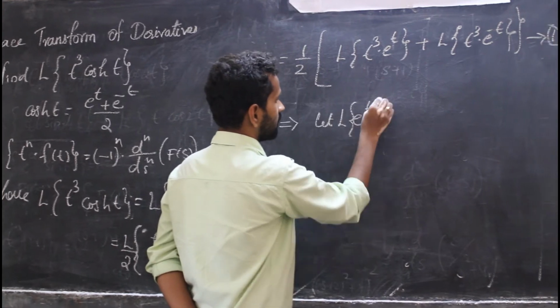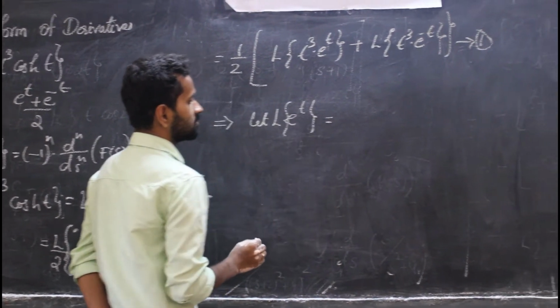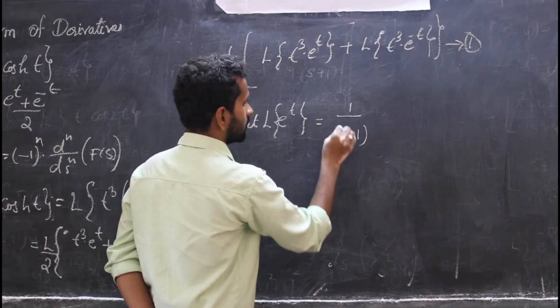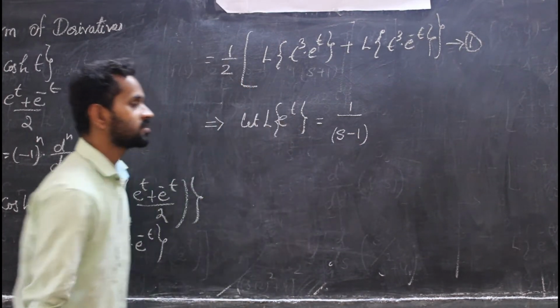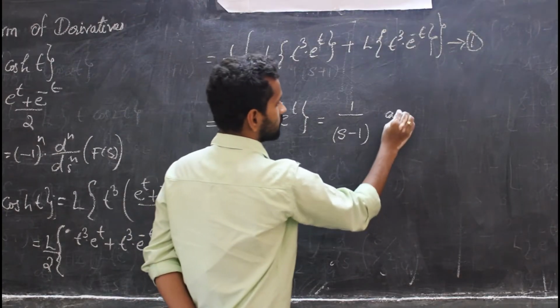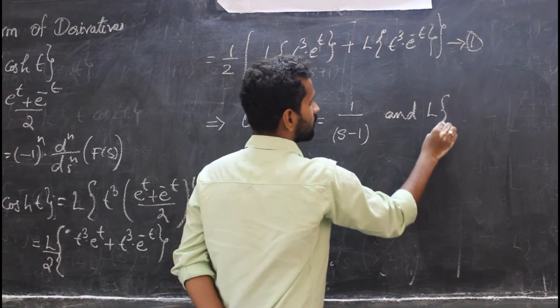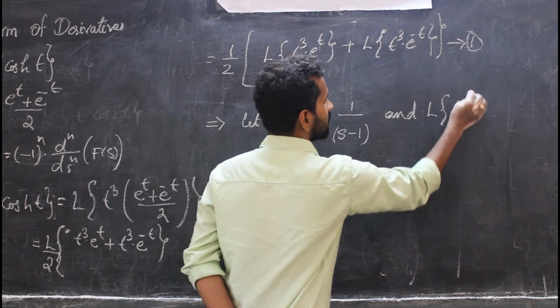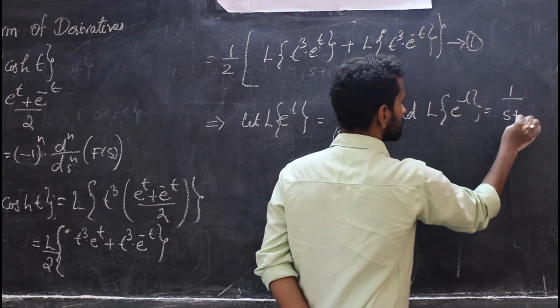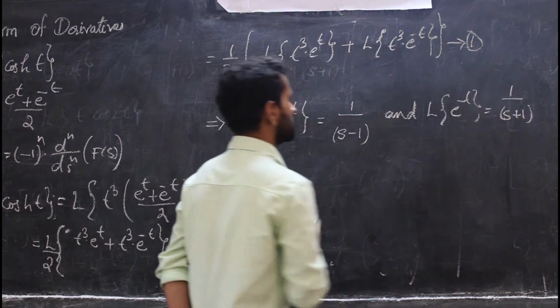The Laplace transform of e to the power of t, I will find it. This becomes 1 divided by s minus 1. The e to the power of at formula is what? 1 divided by s minus a. And the Laplace transform of e to the power of minus t becomes 1 divided by s plus 1.